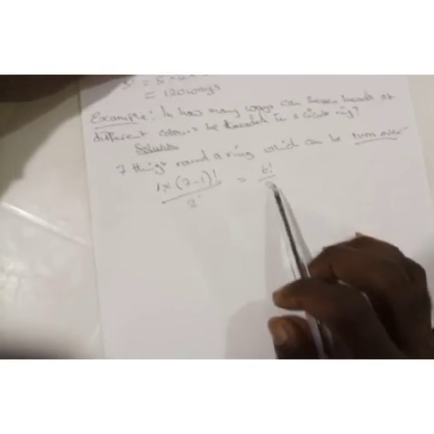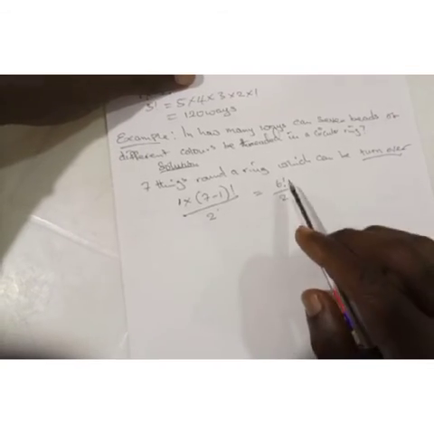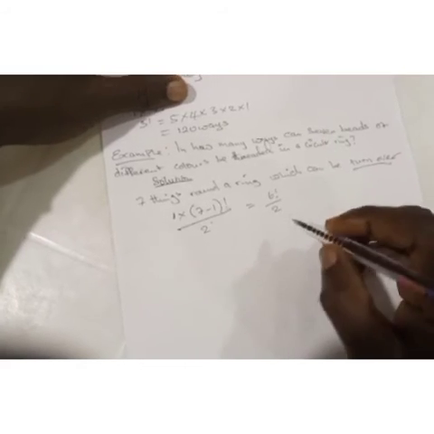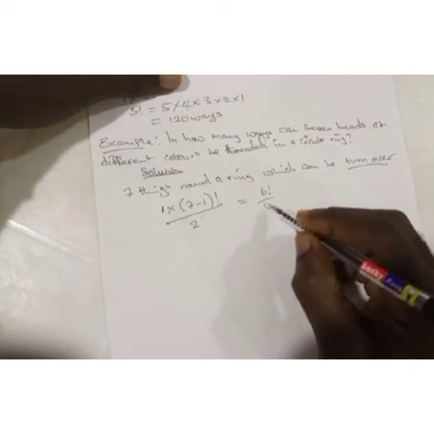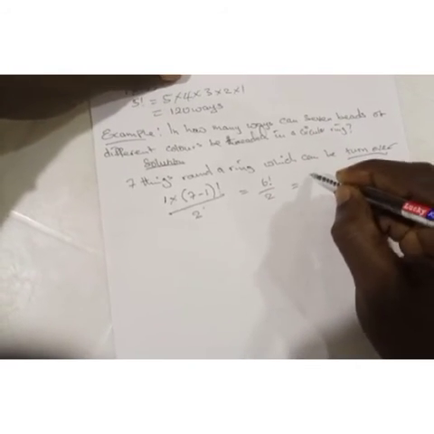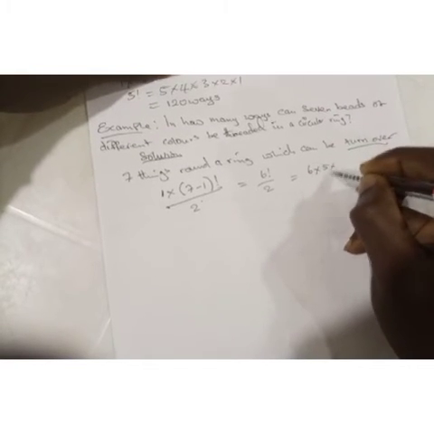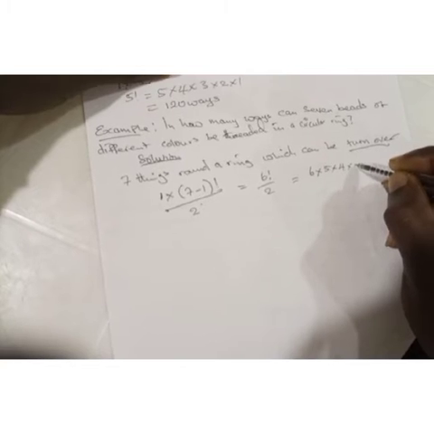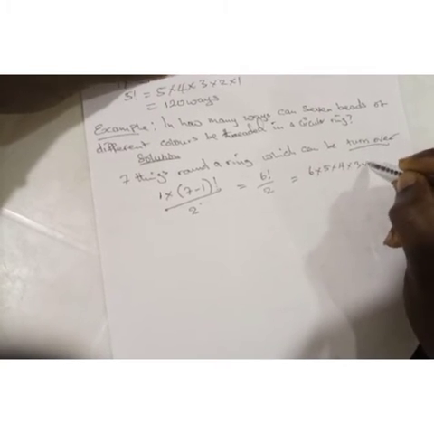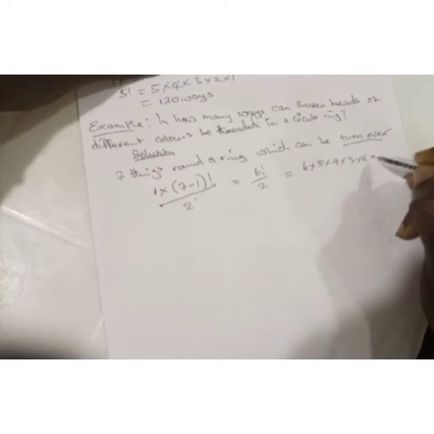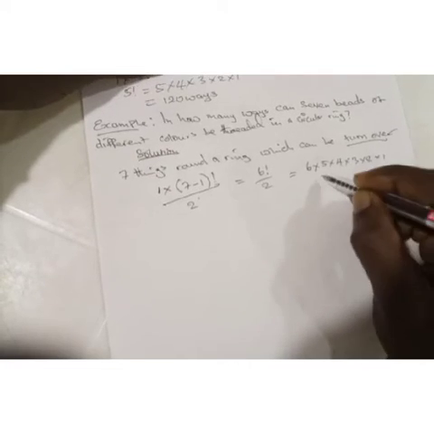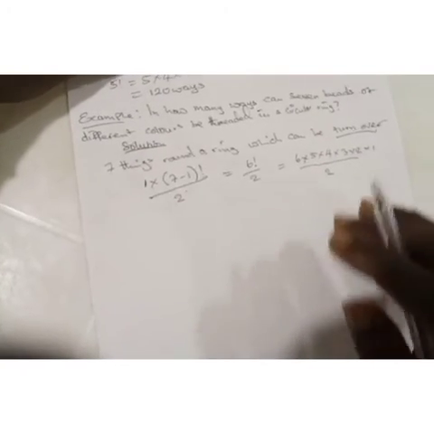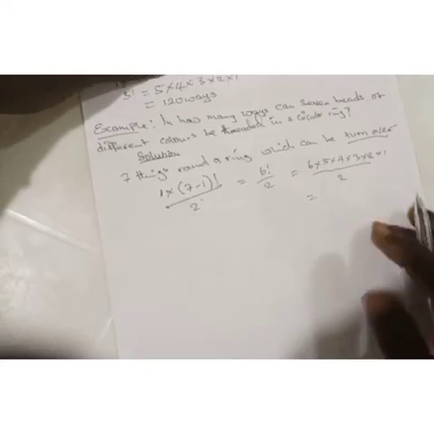So it is 6 times 5 times 4 times 3 times 2 times 1 all over 2. When you use your calculator, you get the final answer.